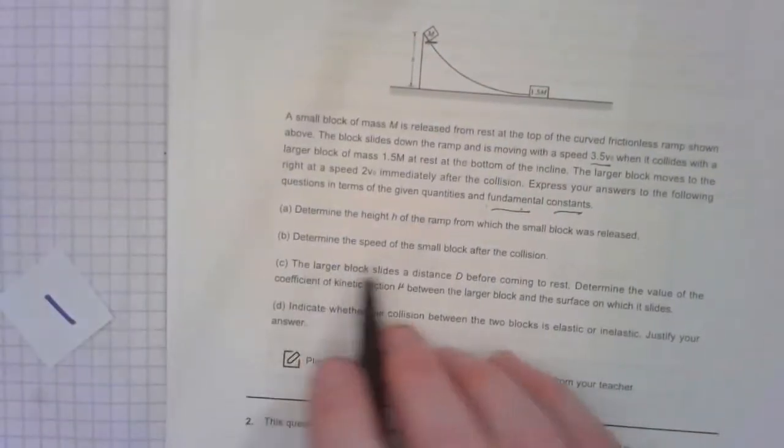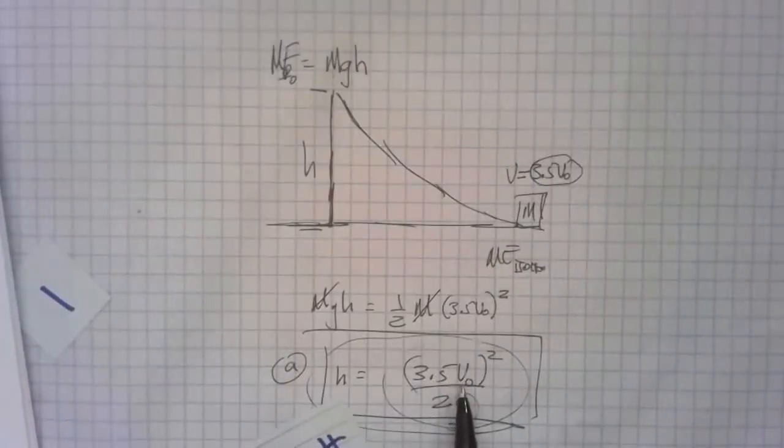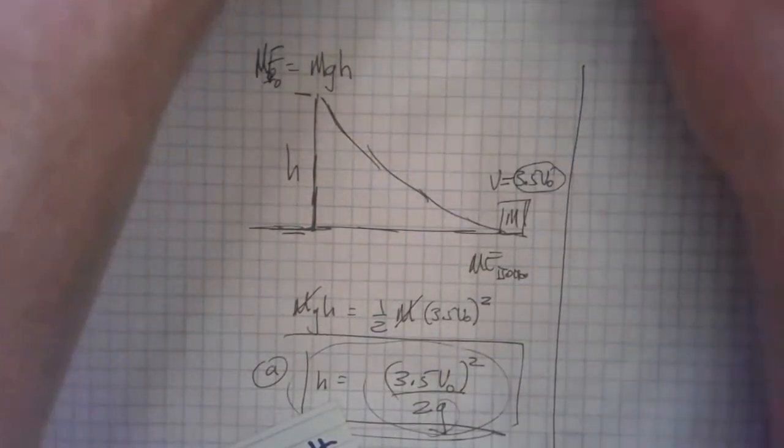B says determine the speed of the small block after the collision. So really, the height does not carry over, I don't think. Maybe I'll be wrong, and I'll find out in a minute, but I don't think the height carries over.